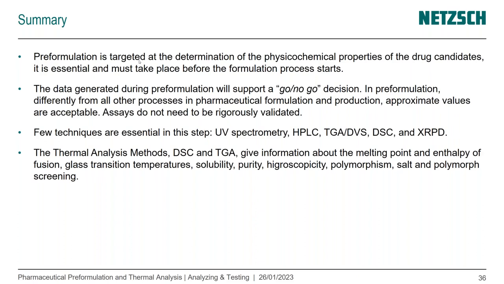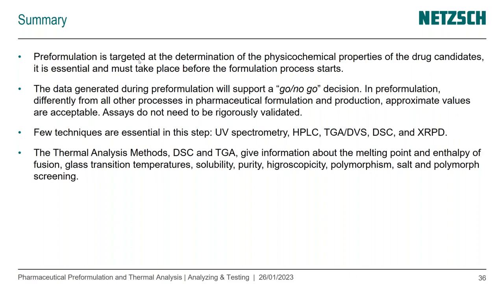In some cases we will have just an estimation, just to say whether it can go further or not, or at which point that drug candidate does not have the minimum characteristics to go forward. So it's approved or not approved.